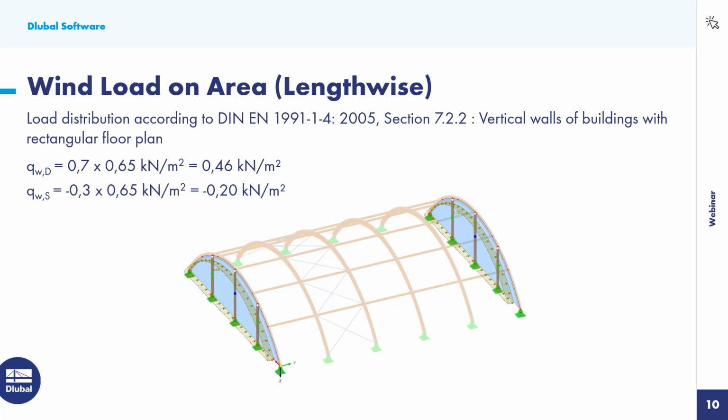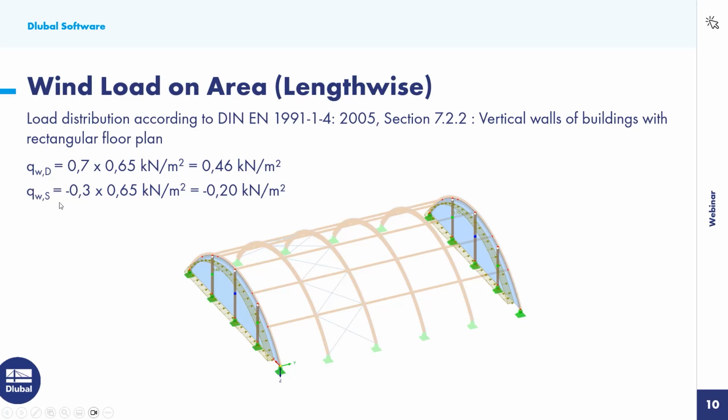We'll have here as the first area, which I named D because this is also how it's described in the standards, where we see a CP value of 0.7 and we have a load magnitude of 0.46 kilonewtons per square meter.